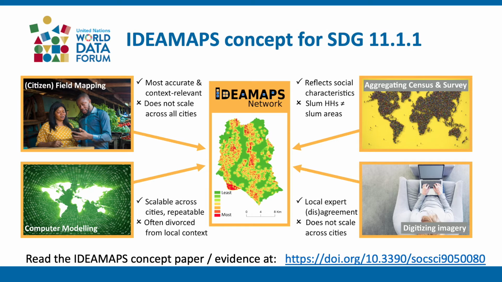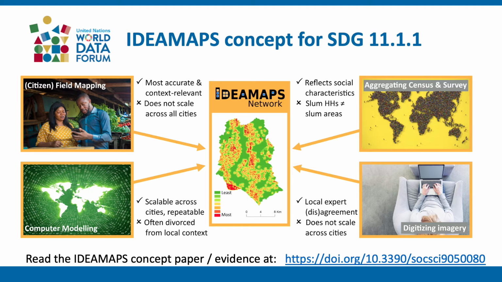So what we're doing is leveraging the accuracy and context relevance of community maps. We are taking advantage of census and survey data, not as a way of defining slum areas, but just as a way of documenting social issues.